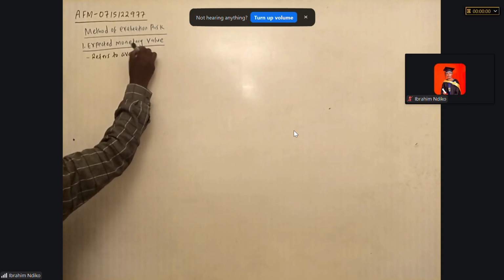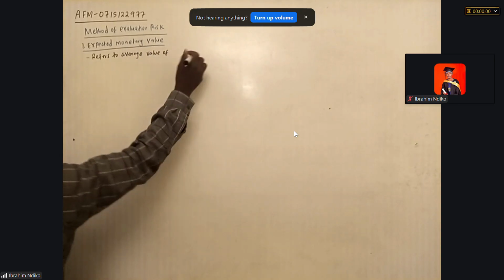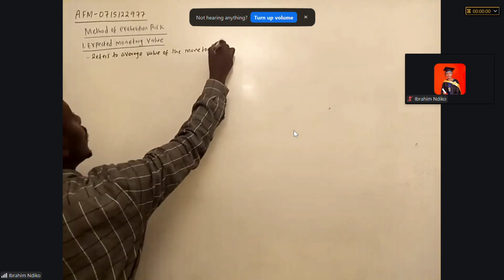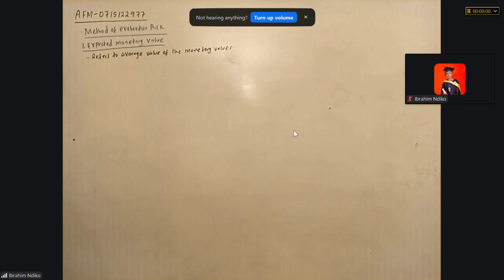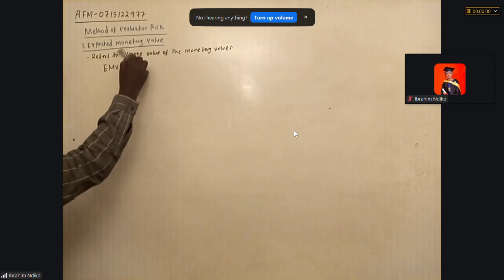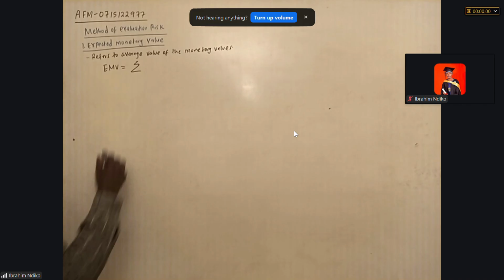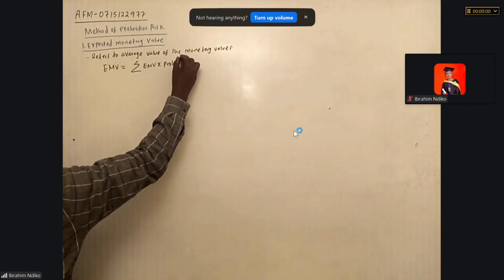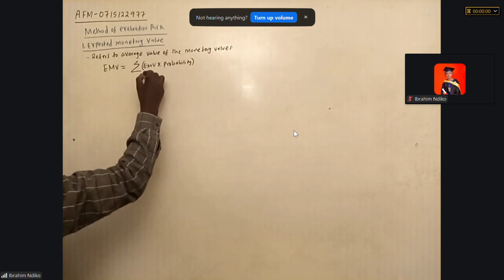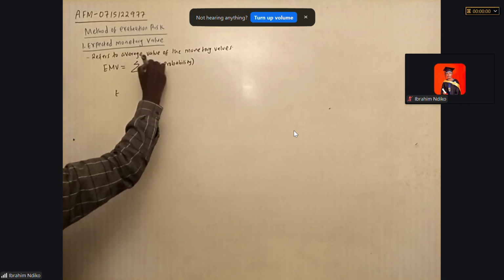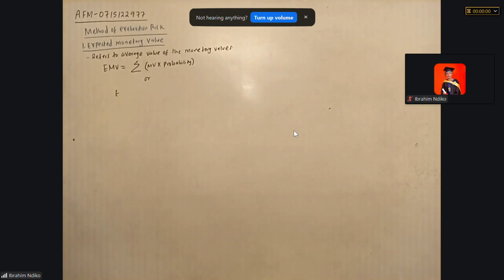We can compute the expected monetary value as the summation of the monetary value times probability.